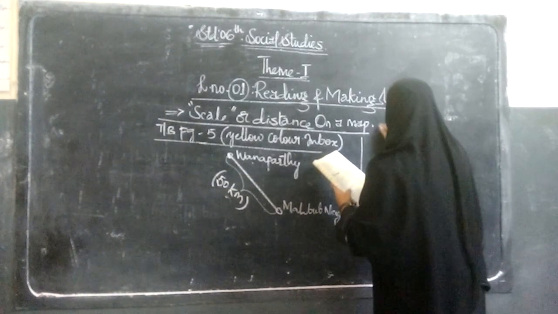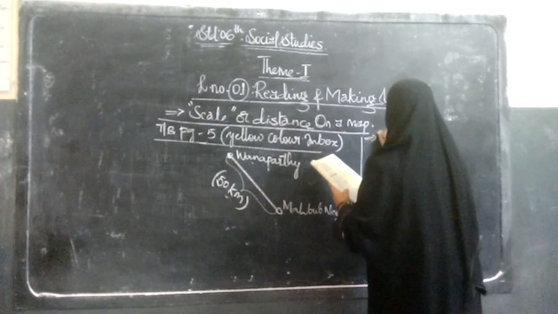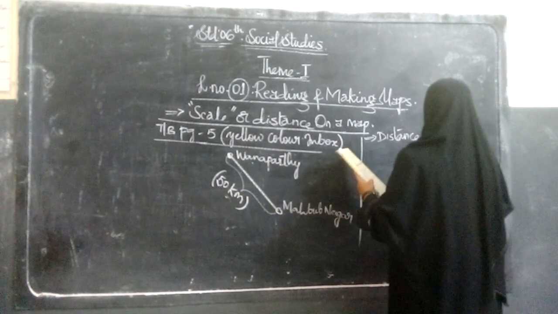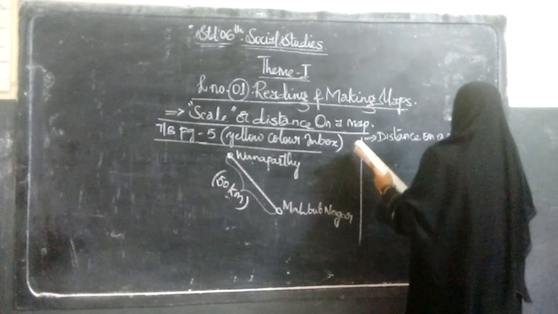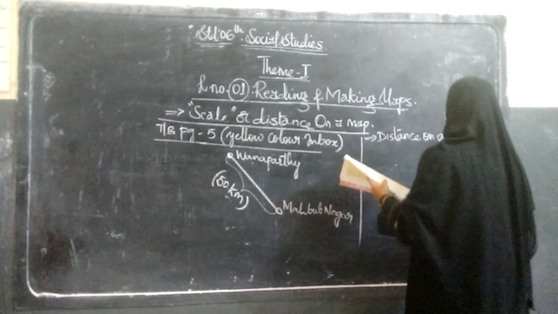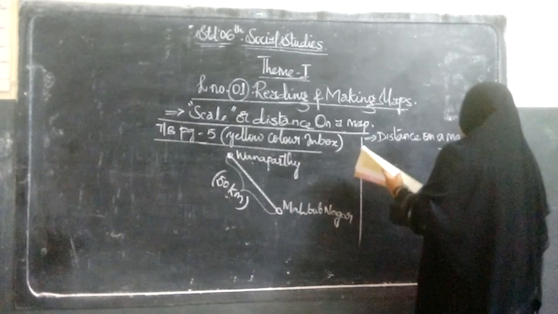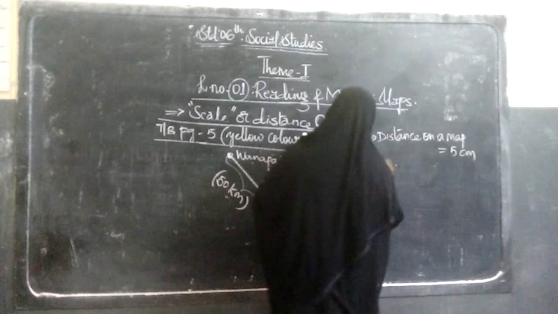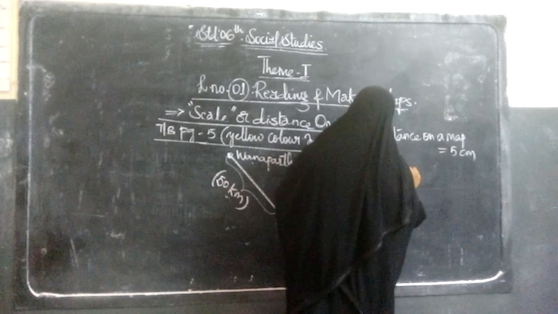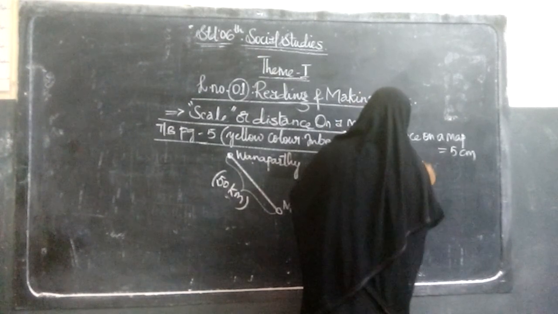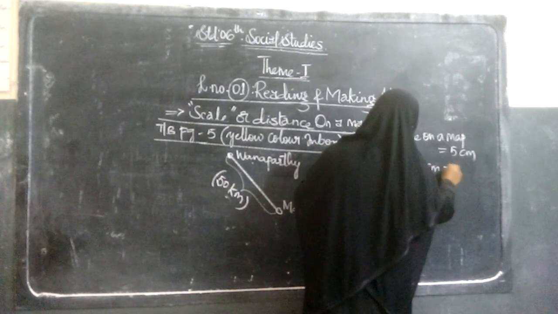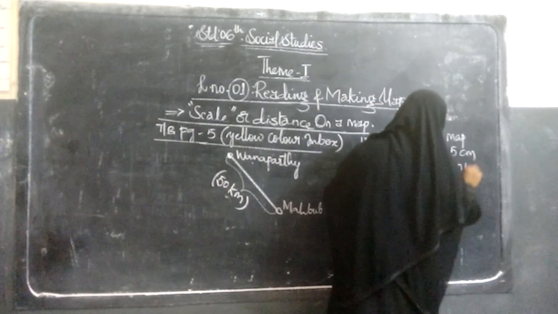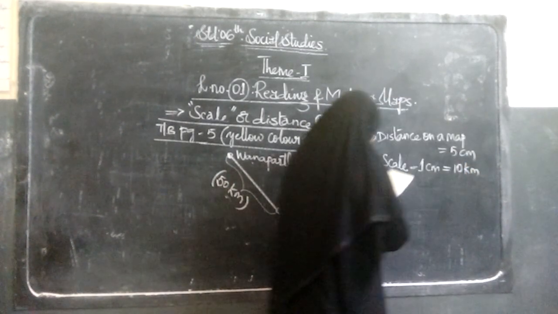Now, distance on a map is 5 centimeters. The next, scale is equal to 1 centimeter is equal to 10 kilometers.